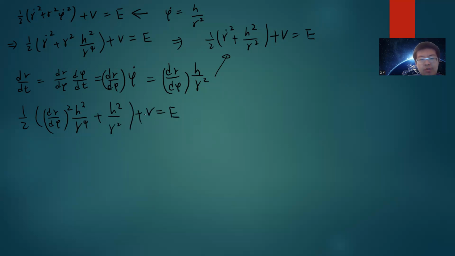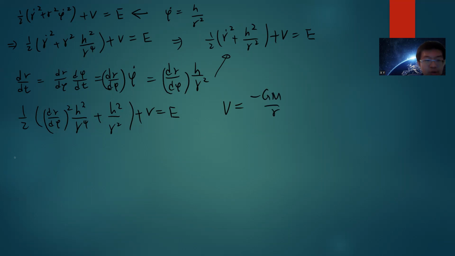Okay, so from here we're not yet finished, but we are very close to a differential equation, right? Now we can replace this V with the vector potential, sorry, not vector potential, the gravitational potential. So let's write V to be minus GM divided by r.